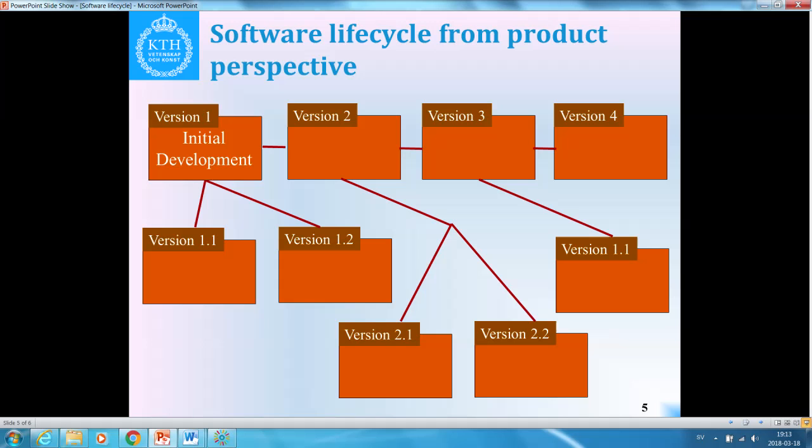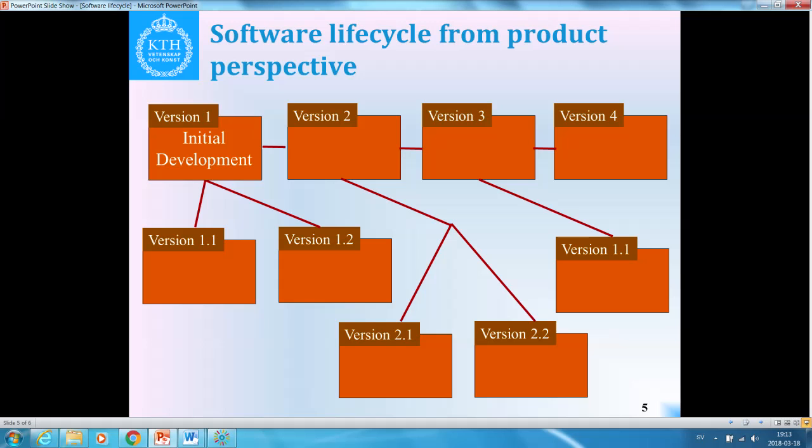What happens later? After you have developed it, you have delivered it to the customer, and the customer takes it over and suddenly encounters bugs, problems. So he reports on these problems to the software organization, and the software organization, while the customer uses this version 1, they are in a hurry to create version 2, that is to extend it with new functionality.